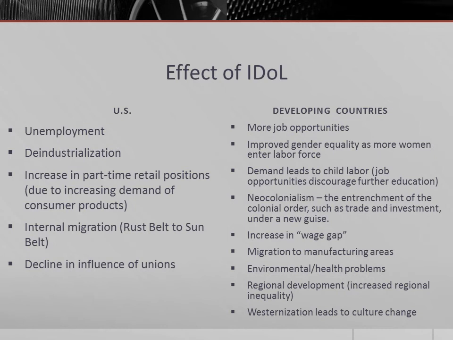As well as neocolonialism, which is one of our vocabulary terms, the definition being the entrenchment of the colonial order, such as trade and investment, under a new guise. Now, we've mentioned this back in political geography when we talked about colonialism. We did mention neocolonialism, the new version of colonialism, that LDCs are dependent on MDCs for consumption. Think of maquiladoras as an example. Those products are not being consumed in Mexico. They're being consumed in the United States.